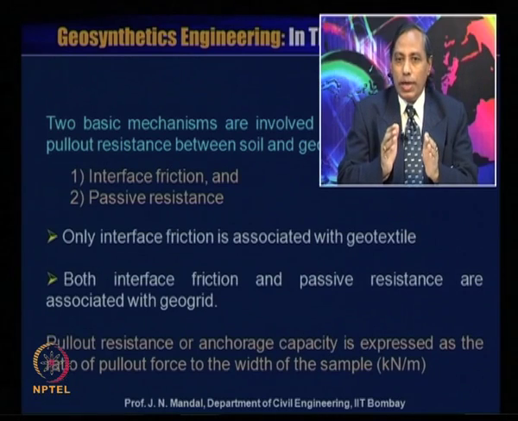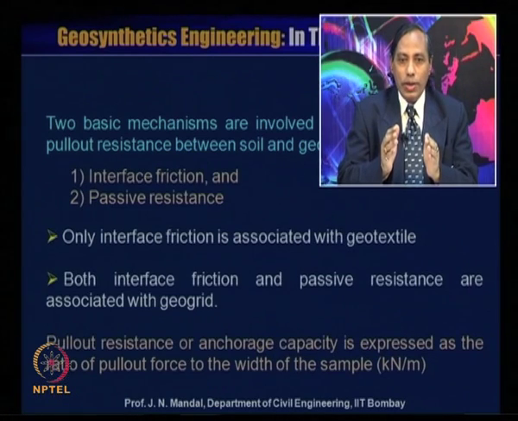Only interface friction is associated with geotextile or metallic strip or paraweb or friction tie, etc. Both interface friction and passive resistance are associated with geogrid.